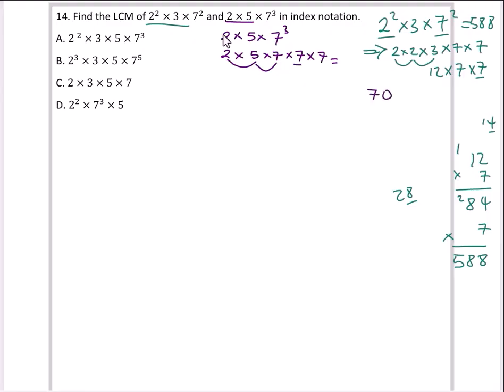So 70 times 7: 7 times 0 is 0, 7 times 7 is 49. Then we have to do the last one by 7 again. 7 times 0 is 0. 7 times 9: 7 times 10 is 70, and if you remove 7 from that it gives you 63.